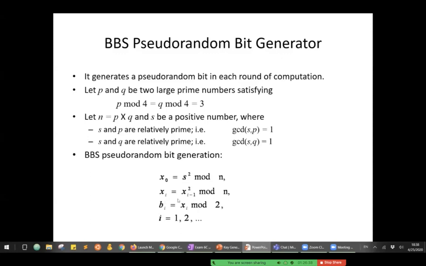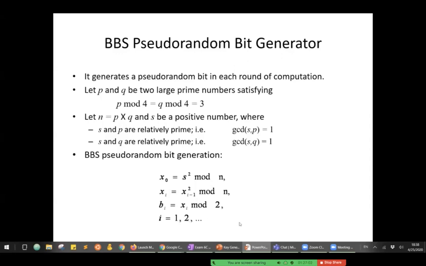So xi is equal to x(i-1) squared mod n. And then your bit will be xi mod 2, because now it generates either 0 or 1, a bit. So bi is equal to xi mod 2, i starting from 1, 2, and so on.